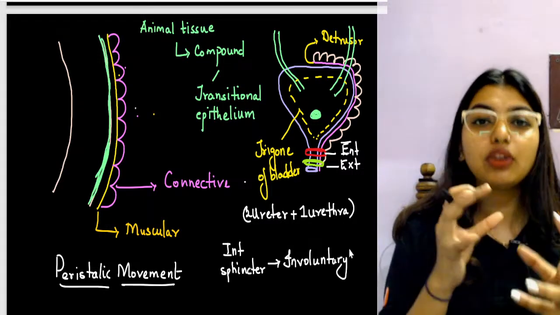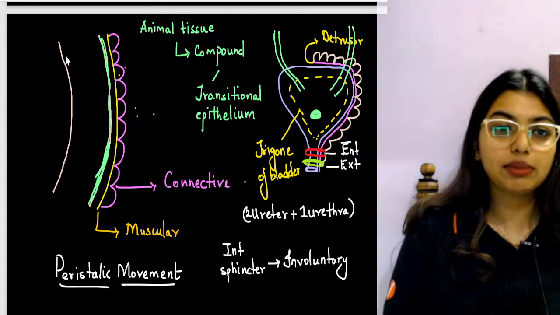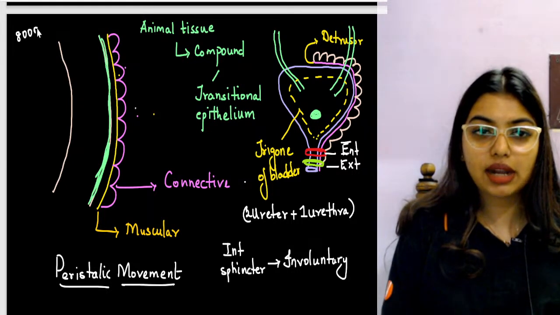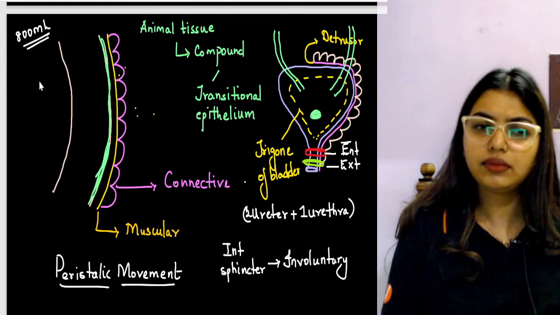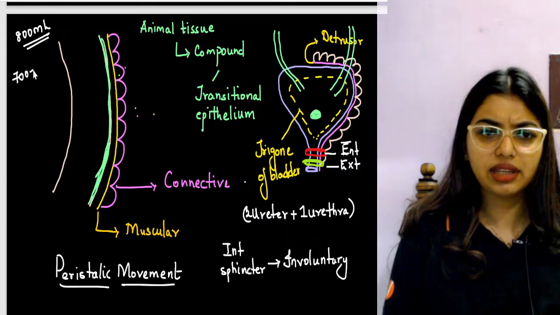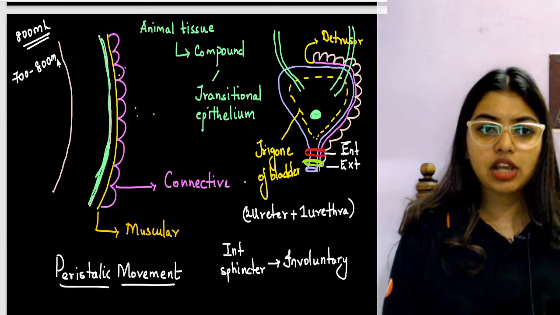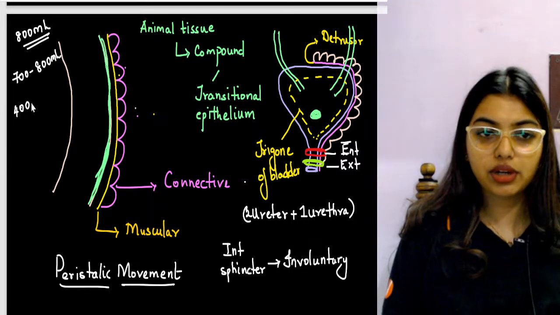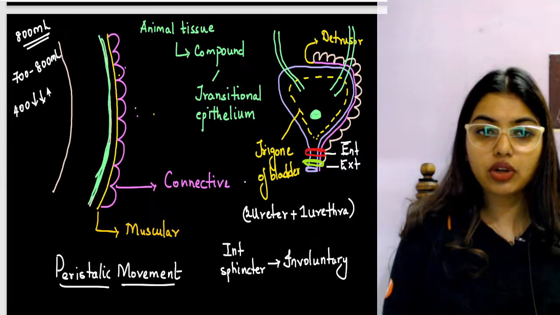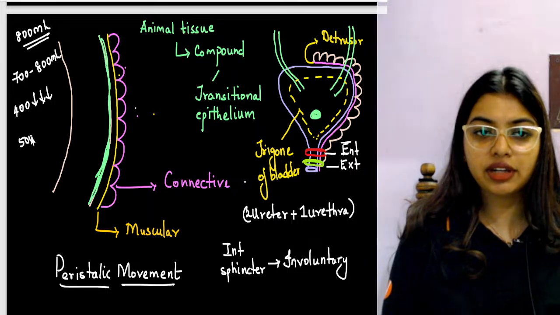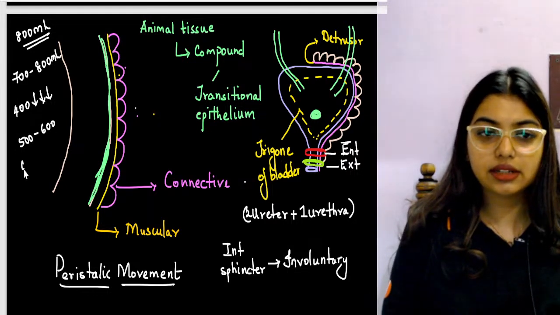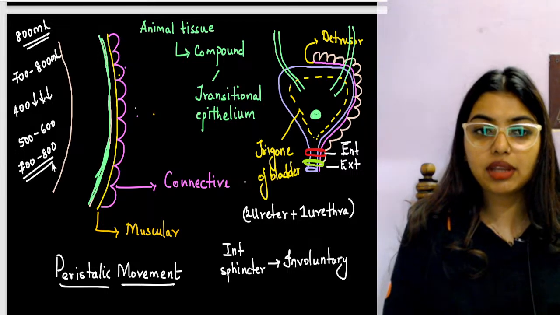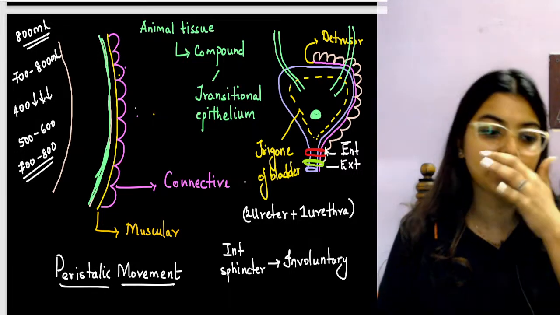Why you're having that feeling is because your urinary bladder starts getting full, and up to 800 ml your urinary bladder is able to hold. Usually it's 700 to 800 ml. So when you were going to the shop, let's say your urinary bladder was around 400 ml full, and as you were walking, it reached 500 to 600, 600 to 700, and by the time it is 700, you will not be able to control your internal sphincter muscles.